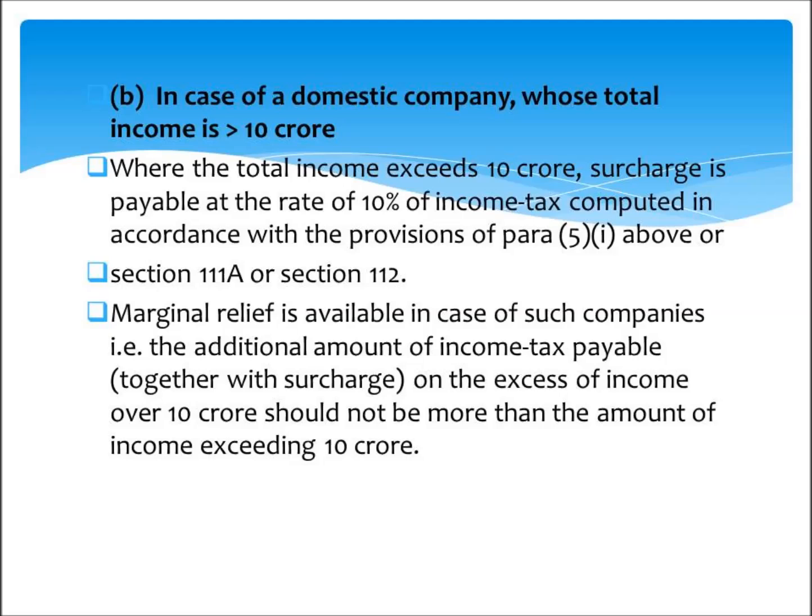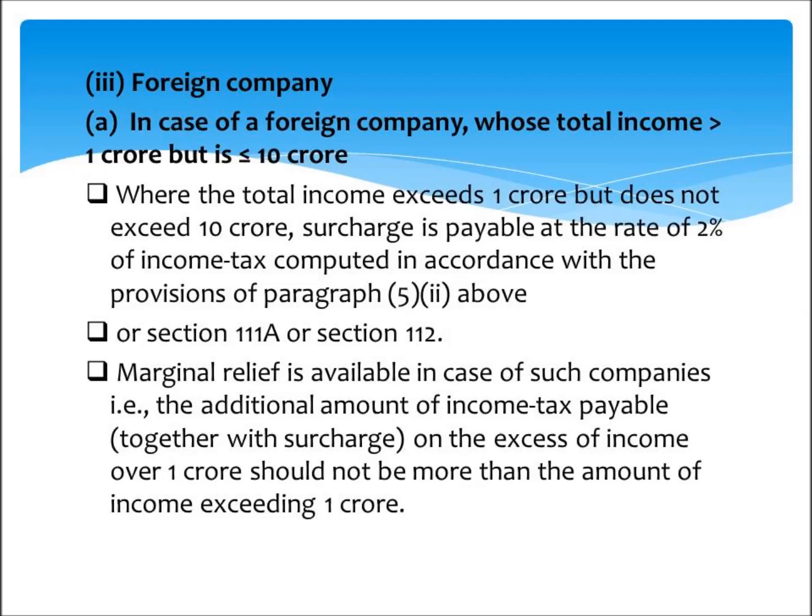That is, if the income is exceeding rupees 10 crore by a lesser amount, but the income tax payable along with surcharge is more than the income exceeding over and above rupees 10 crore, then the concept of marginal relief will come into play. The calculations and all the things will be similar to the previous case that we have done in case of 1 crore. Similarly, the marginal relief will apply in case of 10 crores.